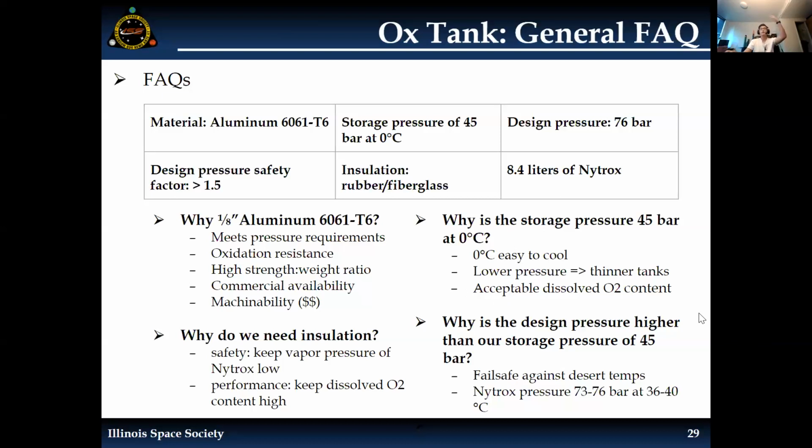So you're going to have your higher pressure gaseous oxygen and your tank of liquid nitrous oxide, and you're going to set an upstream pressure such that the oxygen flows into the nitrous oxide tank. And it just so happens that at 0 degrees Celsius, the equilibrium pressure is 45 bar. So the 45 bar is a consequence of the 0 degrees Celsius cooling point. I hope that answers your question adequately.